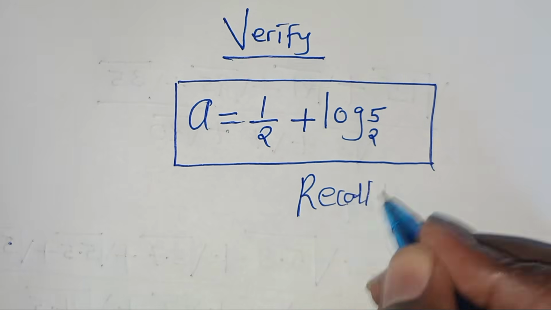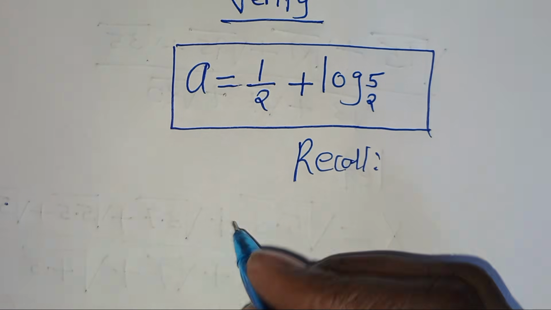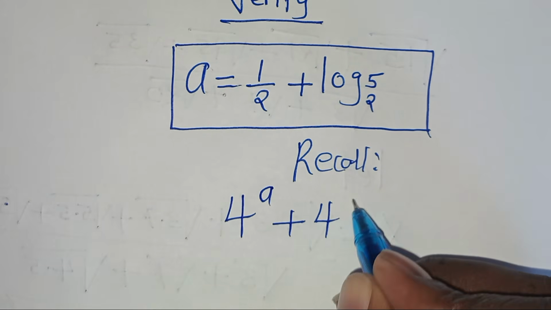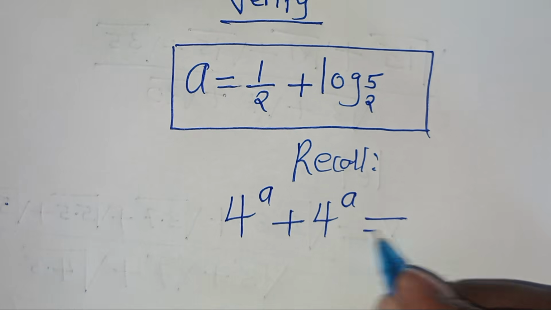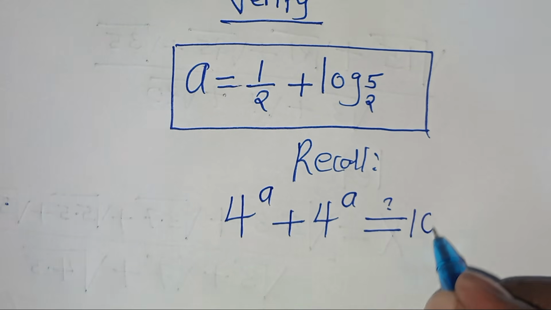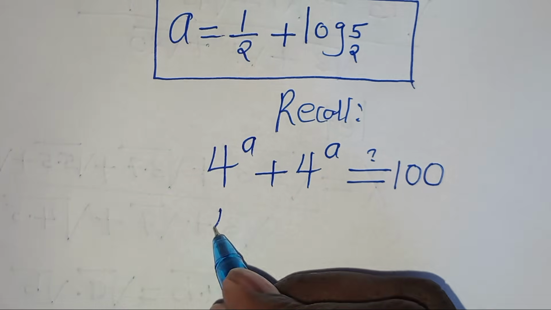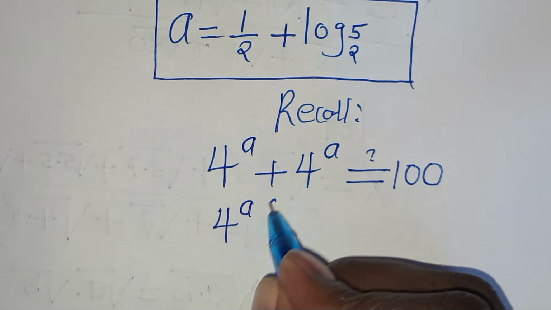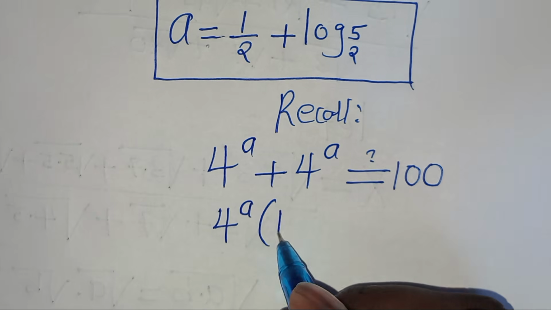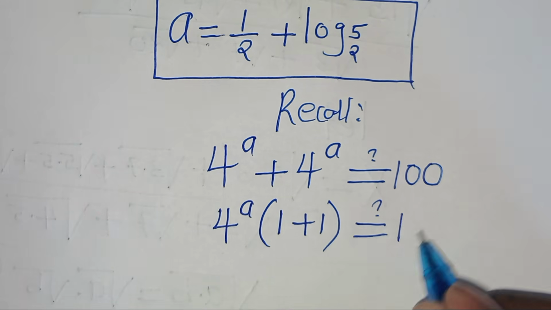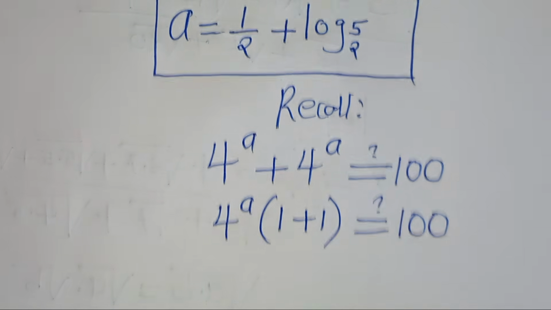If you recall, we end at 4 raised to the power of a plus 4 raised to the power of a. This should give us a value of 100. So 4 to the power of a is common here. Let's factor out, so that here we have 1 plus 1. This should give us a value of 100.